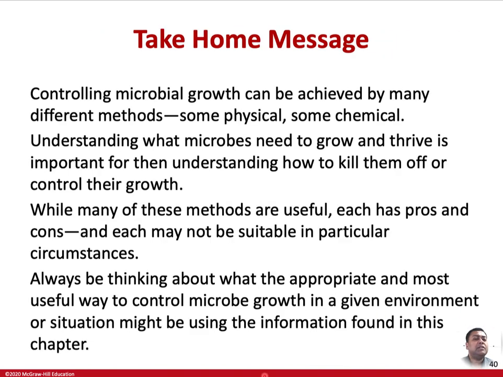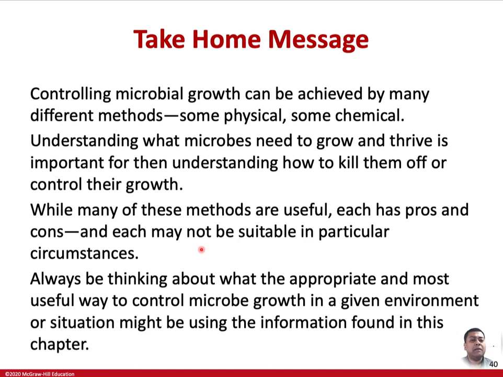So that's pretty much the chapter, which shows that controlling microbial growth can be achieved by many different methods, some physical, some chemical, and understanding what microbes need to grow and thrive is important for understanding how to kill them and control their growth. Most of the methods are useful, but many have pros and cons, and each may not be suitable under particular circumstances.